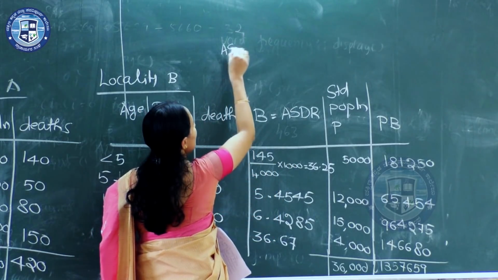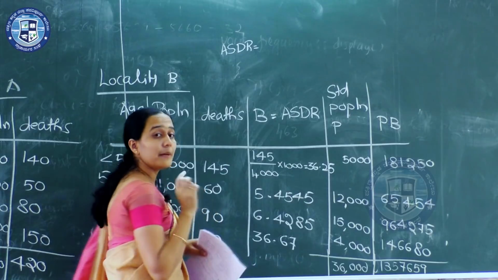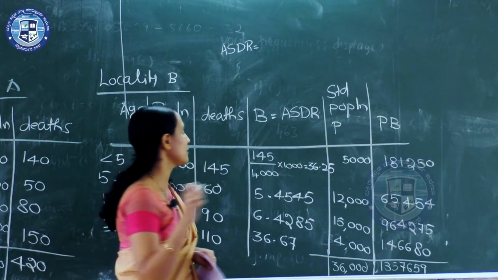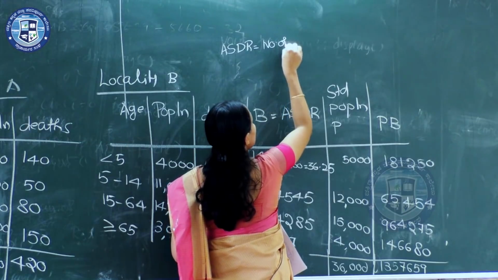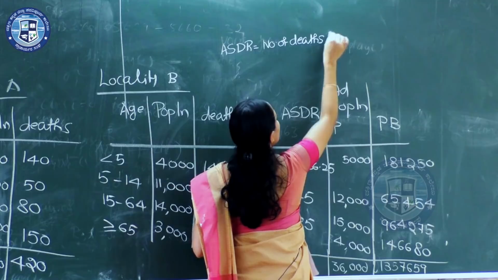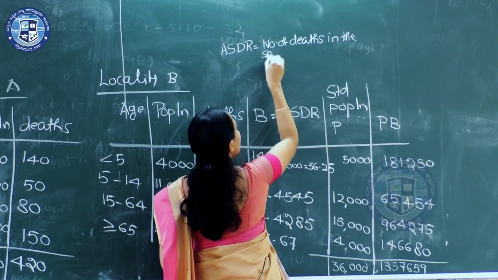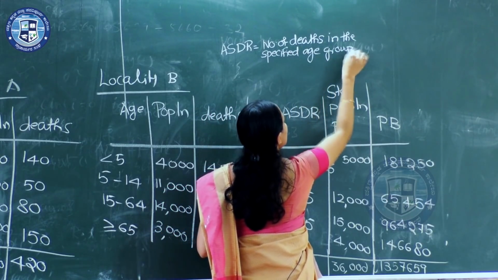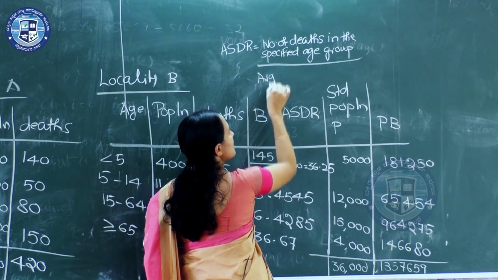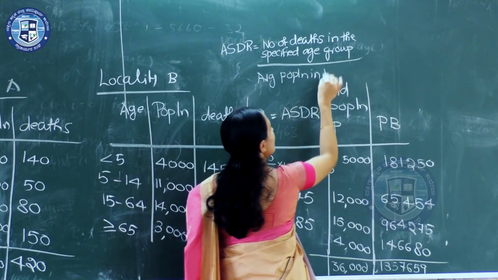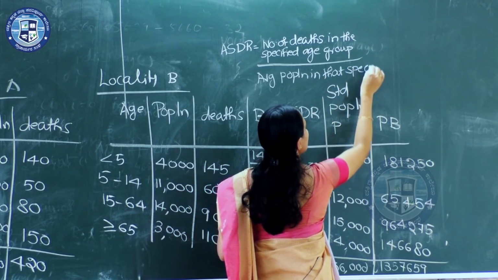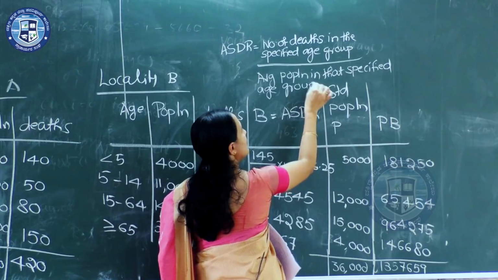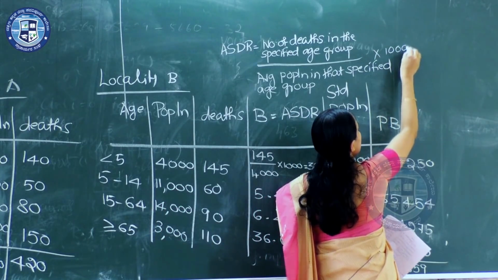ASDR equal to number of deaths in the specified age group divided by average population in that specified age group into 1000. This is ASDR formula.